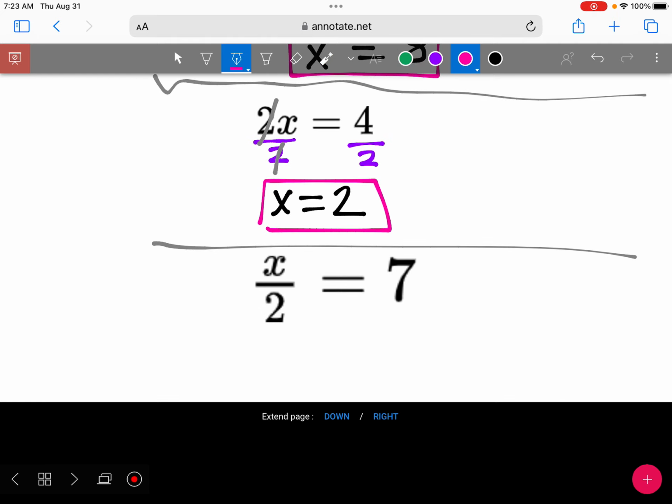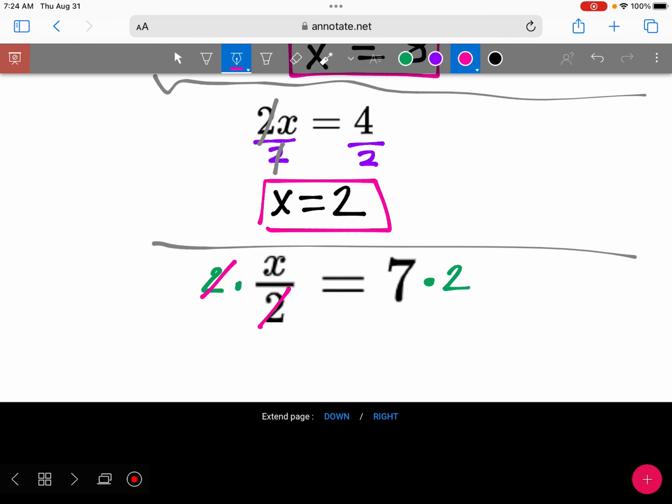Last one, we always get a little scared when we see fractions. How do I get rid of a fraction? Multiply by what? 2. Specifically, whenever we have any fraction, ever, if you want to get rid of them, multiply by what's on the bottom in that denominator. So I'm going to multiply both sides by 2.